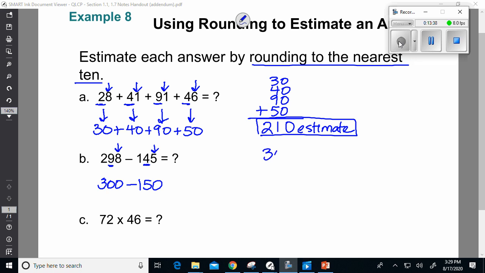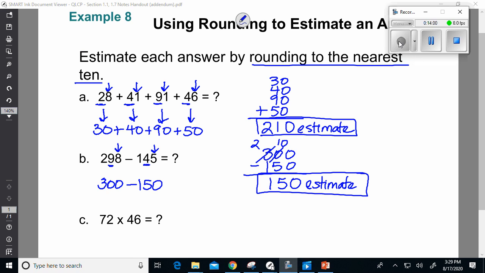So when we work this problem out, 300 minus 150: 0 minus 0 is 0. You can't take 5 from 0, so you have to borrow. 10 minus 5 is 5, and 2 minus 1 is 1. So your estimate is 150. Again, it's not the exact answer, it's just an estimate.